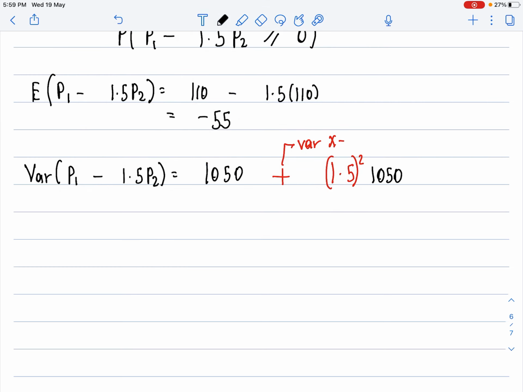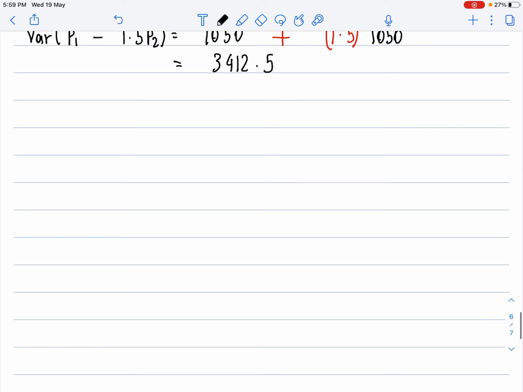Now I can simply solve this on my calculator: 1.5 square into 1050 plus 1050. The answer I get is 3412.5.